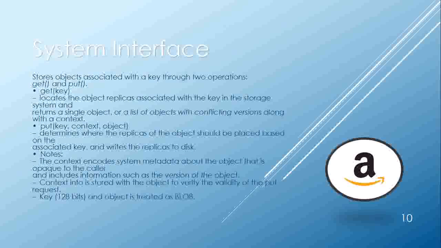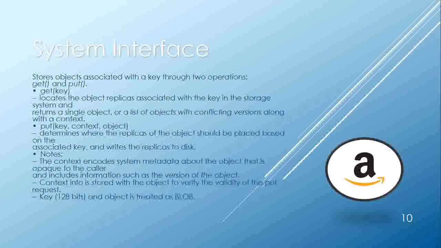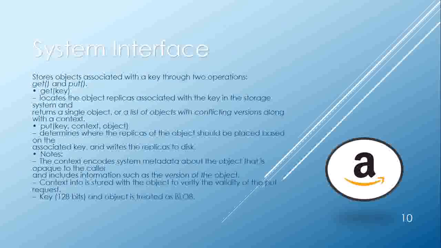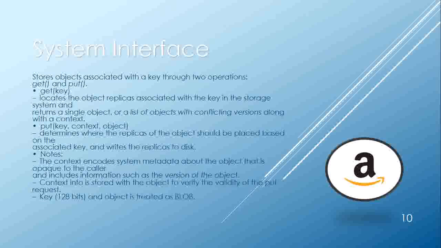So yeah, the system interface. As we all know, it stores objects associated with a key through two operations, get and put. The get operation locates the object associated with the key, and the put operation determines where the replicas of the object should be placed, like it is placing the object associated with the key.